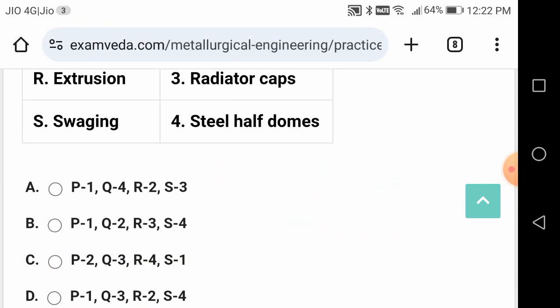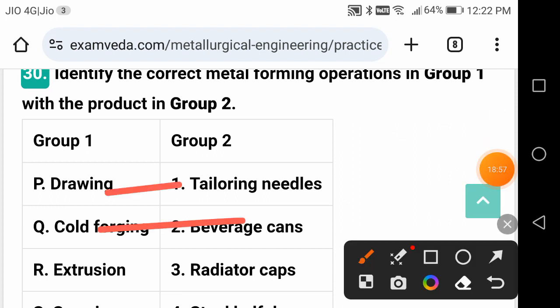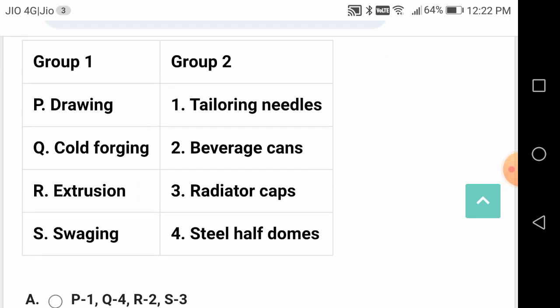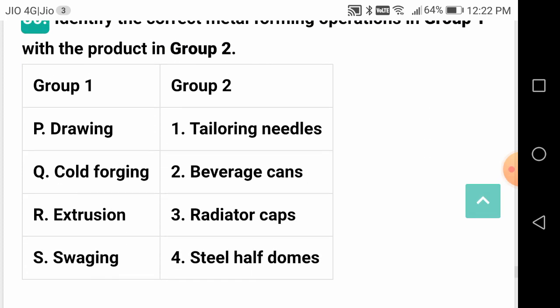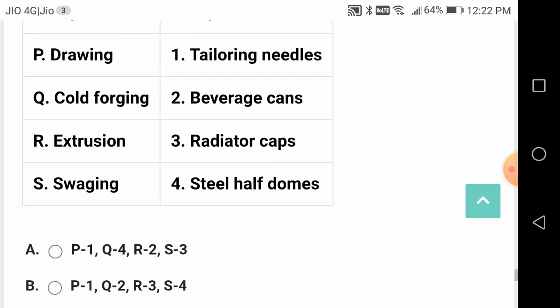P1, Q2, R3, S4. So with drawing we can produce tailoring needles, cold forging beverage cans, extrusion radiator caps, swaging steel half domes.